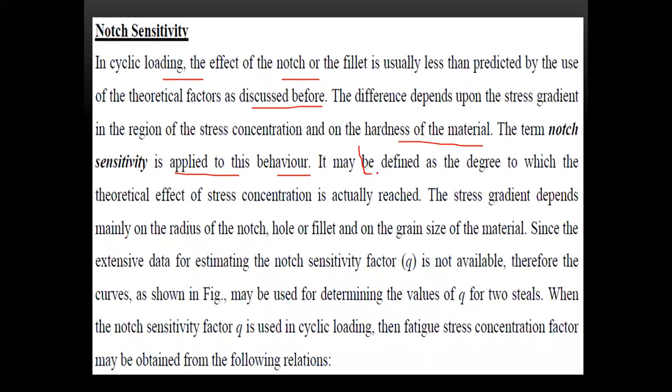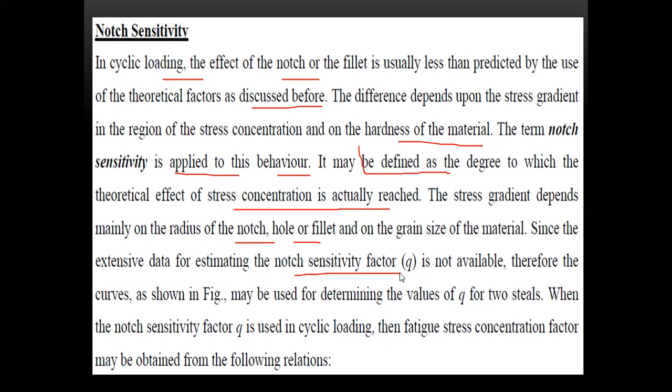It is defined as the degree to which the theoretical effect of stress concentration is actually reached. The stress gradient depends mainly on the radius of the notch, hole, or fillet, or on the grain size of the material. Since extensive data for estimating the notch sensitivity factor q is not available.